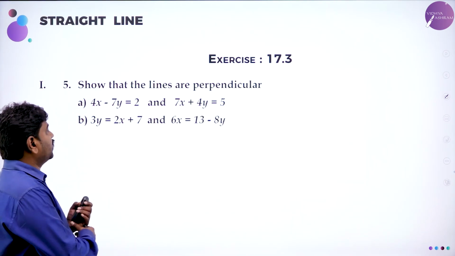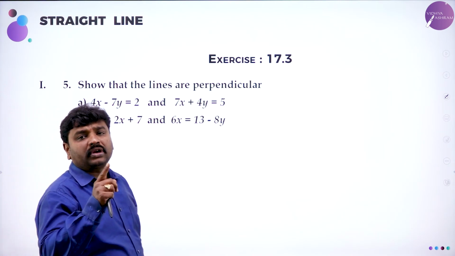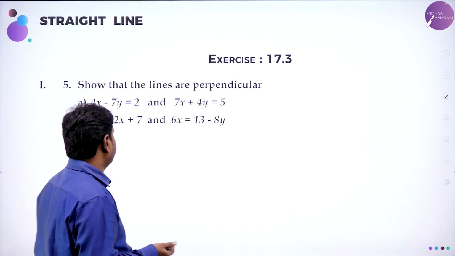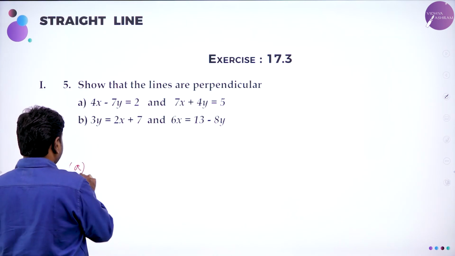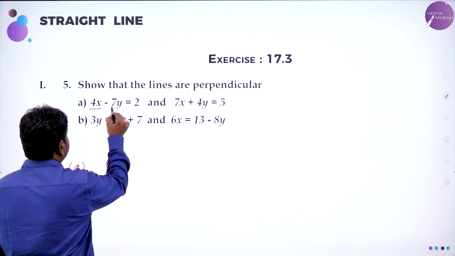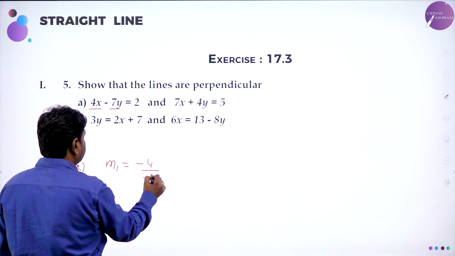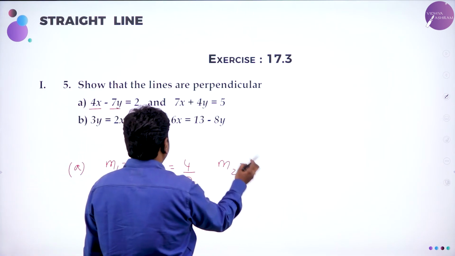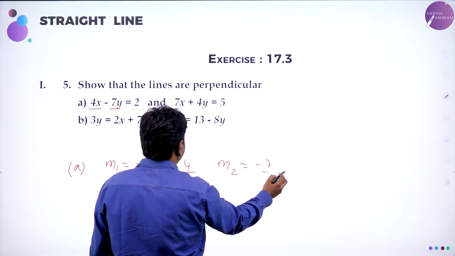Next, show that the lines are perpendicular. How to prove lines are perpendicular? When you find the product of slopes, it should be minus 1. So now for question A, m1, the slope of the first line, is minus a by b, minus 4 by minus 7, it will be 4 by 7. And m2, the slope of the second line, is minus a by b, minus 7 by 4.